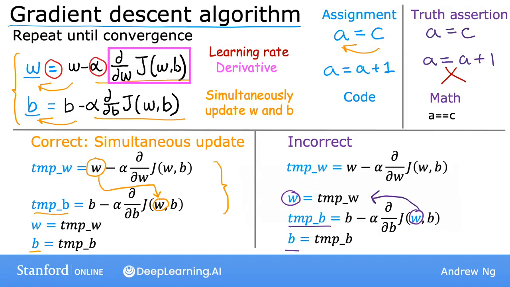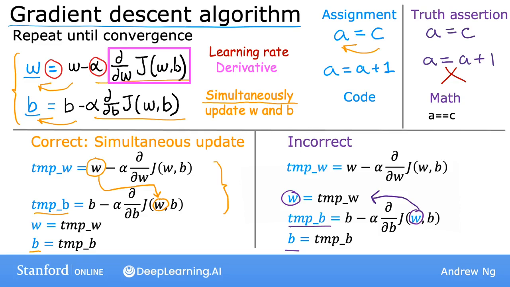The way that gradient descent is implemented in code, it actually turns out to be more natural to implement it the correct way with simultaneous updates. When you hear someone talk about gradient descent, they always mean the gradient descent where you perform a simultaneous update of the parameters.